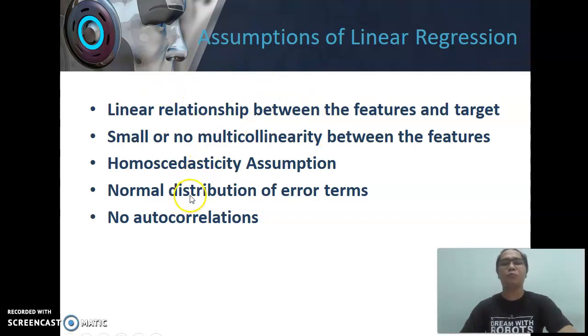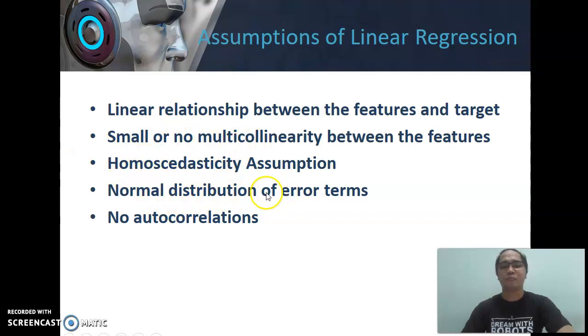Next, the homoscedasticity assumption. It is a situation where the error term is the same for all values of the independent variables. With this, there should be no clear pattern in the distribution of data in the scatter plot. Next is normal distribution of error terms.